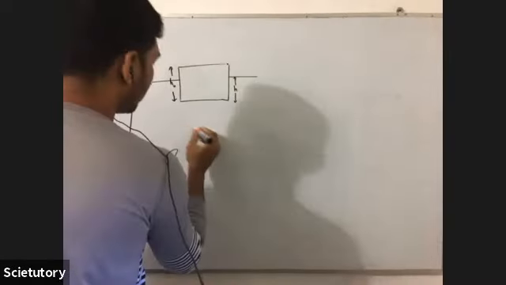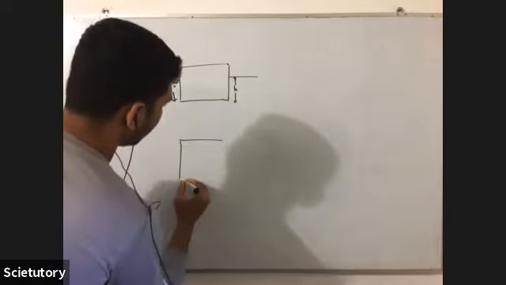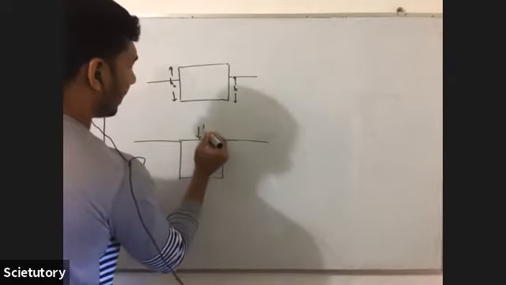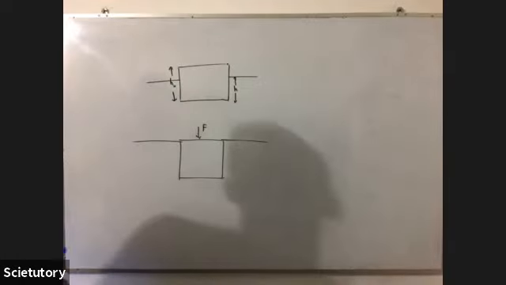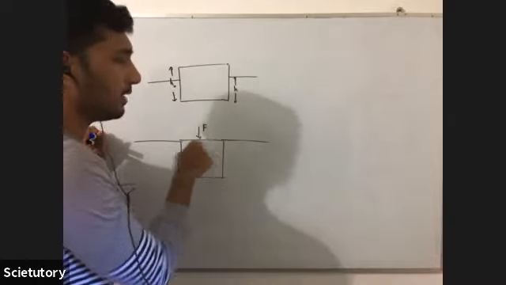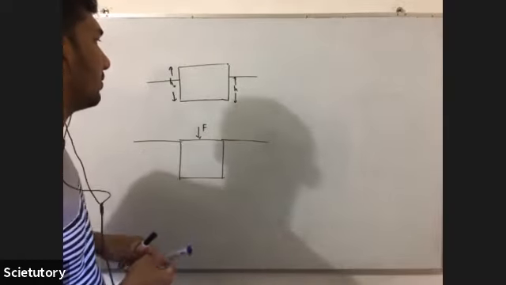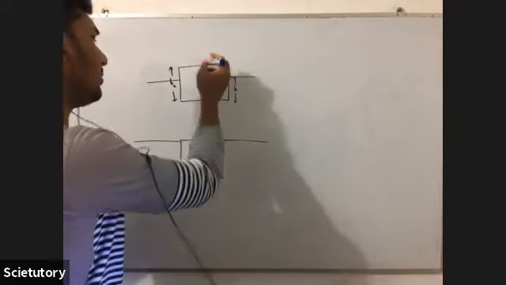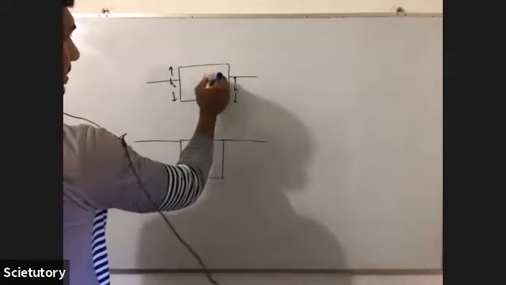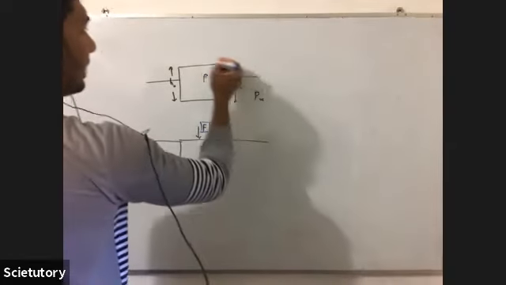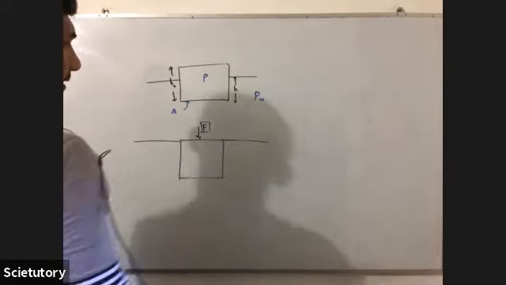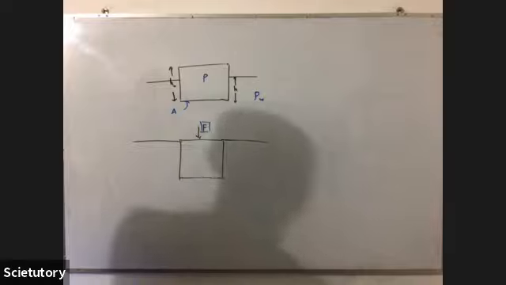Now, to immerse it like this, there is a force applied here. I'm applying a force on top of this wooden block to immerse it up to this point. Now I'm asking you the magnitude of this force. Can you work it out? This is rho and this is rho w, the densities, and this is A. Can you tell me the magnitude of it?